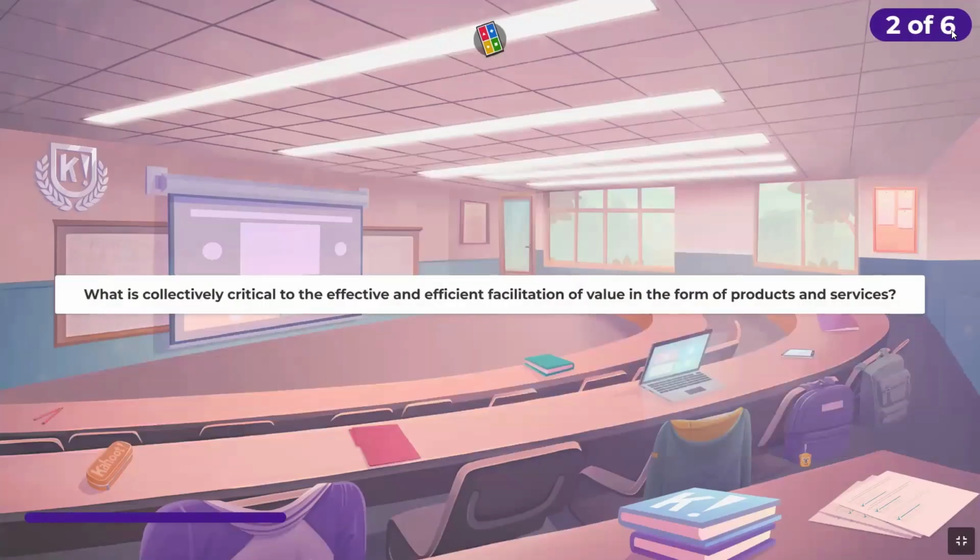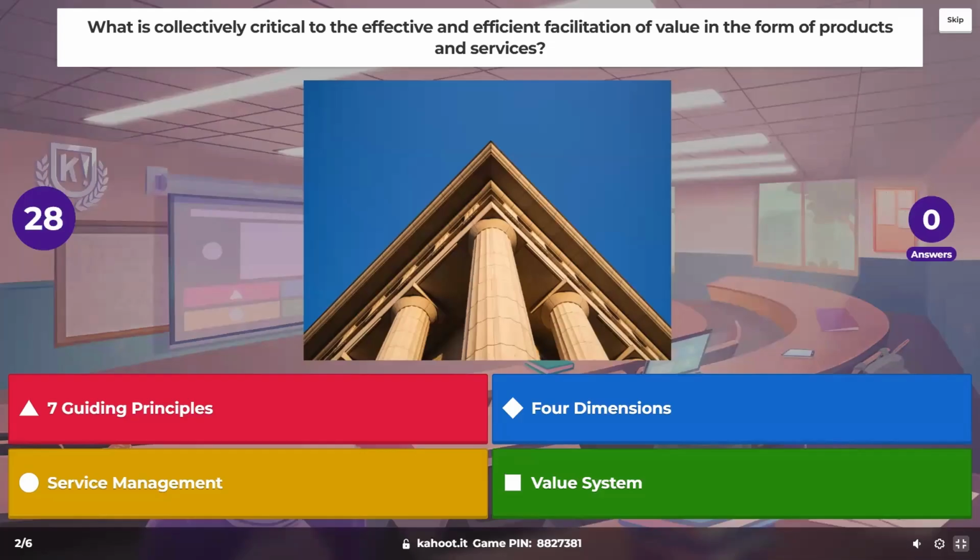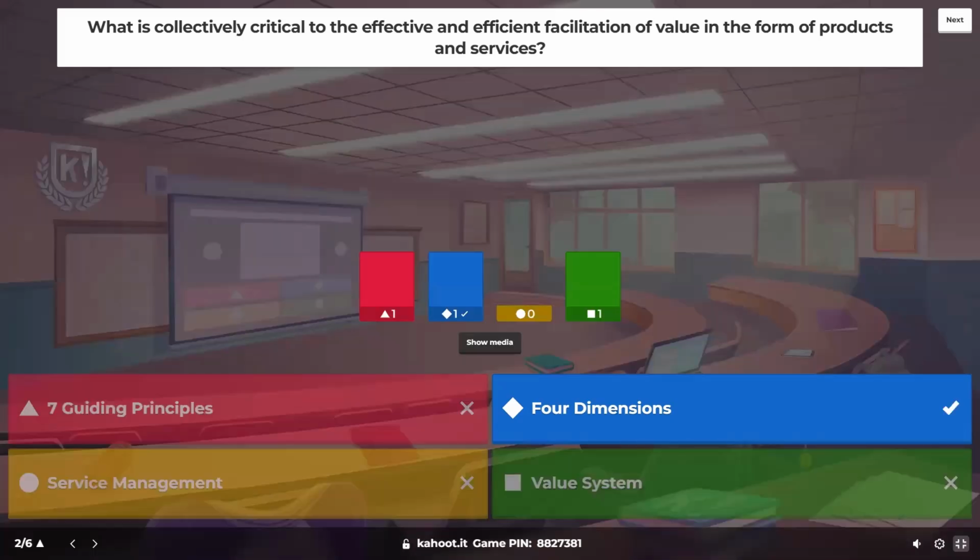So what is collectively critical to the effective and efficient facilitation of value in the form of products and services? So four dimensions.